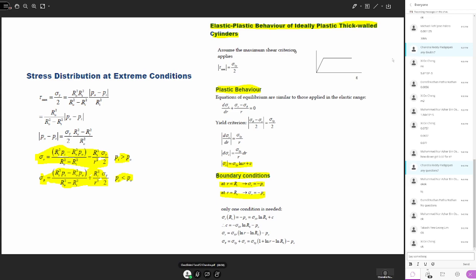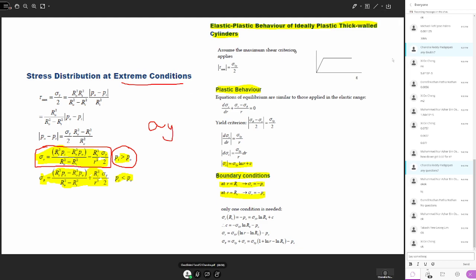So now we can see the stress distribution under extreme conditions. When the inner pressure is greater than the outer pressure, you can write the radial stress in terms of the yield stress, sigma y.